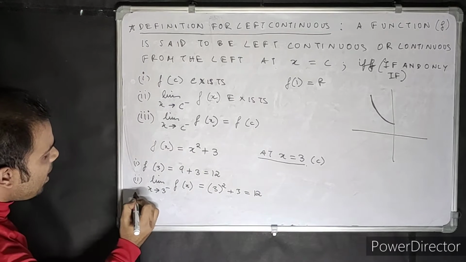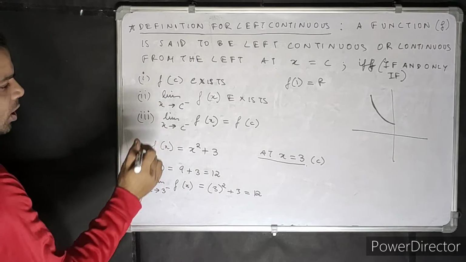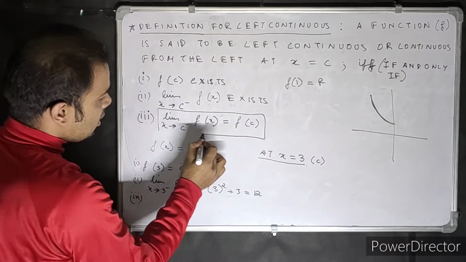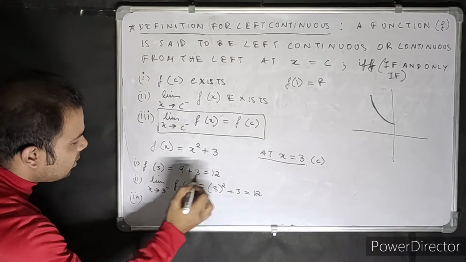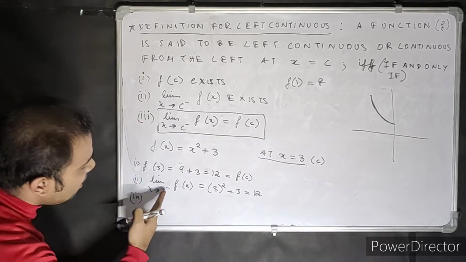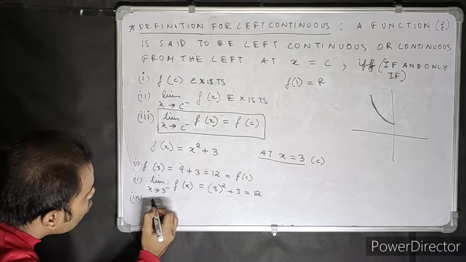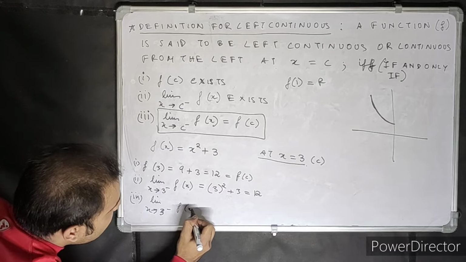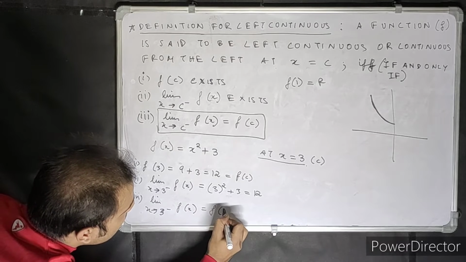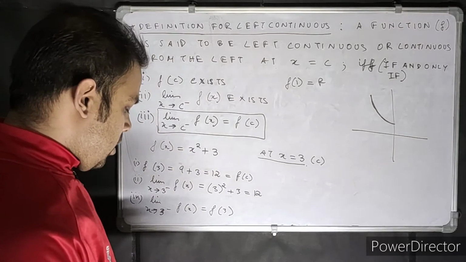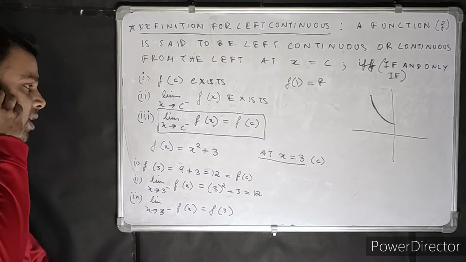And the third part is you have to show that these two are equal to each other. This is f of c, and this is limit of f of x. So limit of x tends to 3 negative f of x is equal to f of 3. So that means the limit exists.